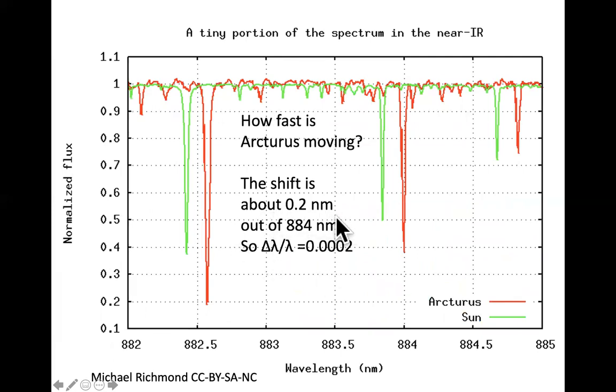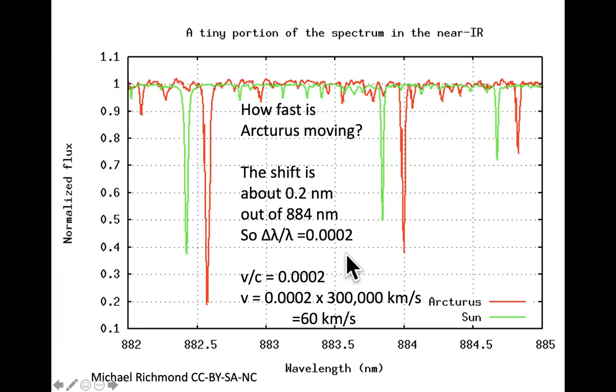The shift is about 0.2 nanometers out of about 884 nanometers, just looking at this pair. It works for the other ones as well. So the change in wavelength divided by the wavelength is 0.0002. That means that Arcturus is moving at 0.0002 times the speed of light.